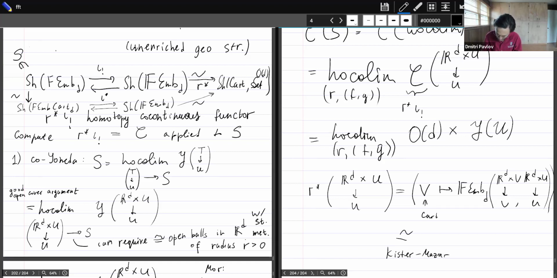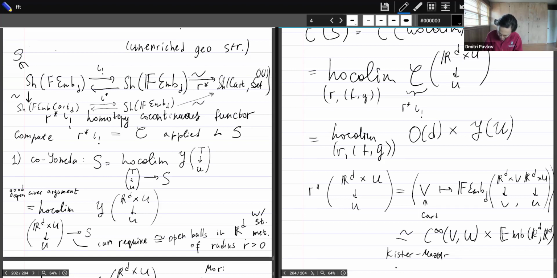by the Kister-Mazur theorem, like I think I mentioned before, this smooth set is weakly equivalent to smooth maps from V to U times the enriched monoid of embeddings of RD into RD.